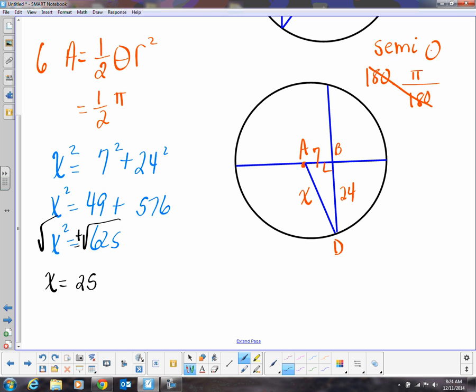So what do I do to my 25? Square it. So this is going to be pi over 2 times 625, or 625 pi over 2. That is the area of a semicircle.